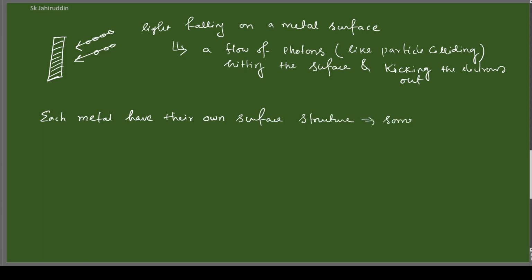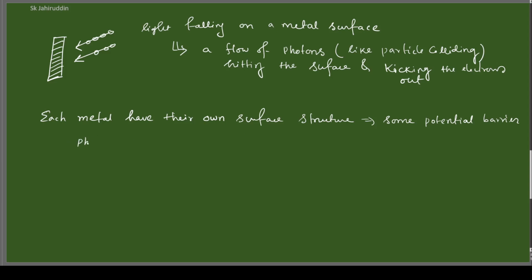Some potential barrier would be there. Of course, electrons are not completely free. Electrons were a free electron, but they have some potential barrier in the surface, so that electrons are not moving out automatically. So some potential barrier on its surface. That part I call phi.